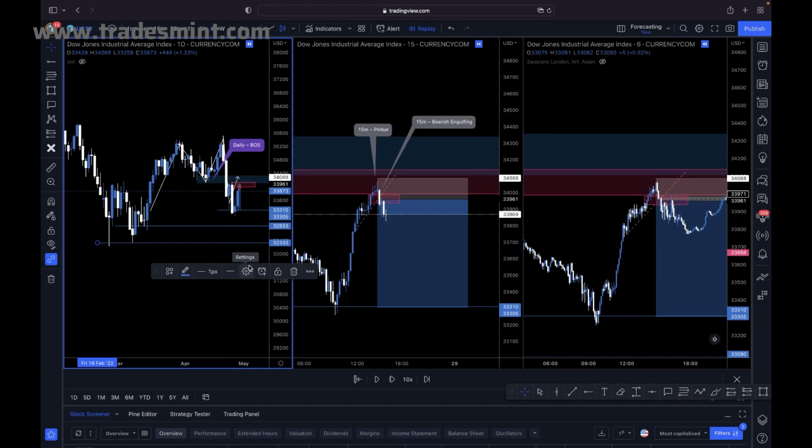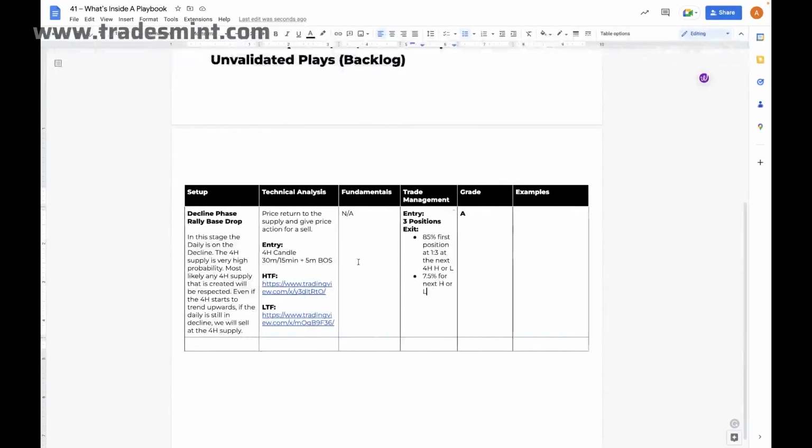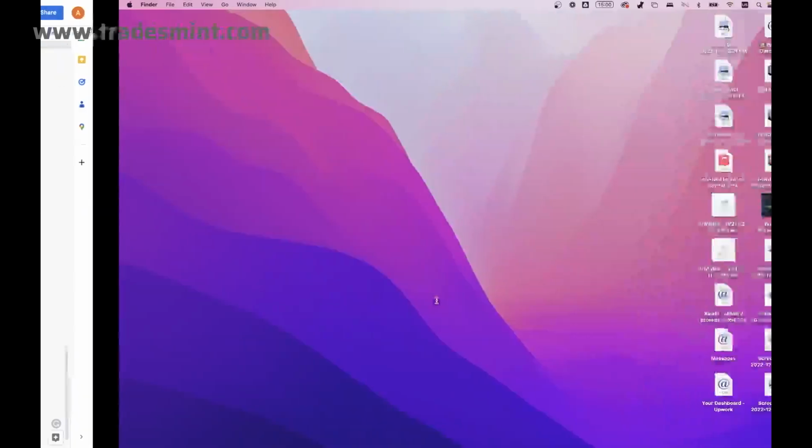So what you can list here, if you are comfortable, is the first position, you take in the majority, 7.5% for the next high or low, and then 7.5% for your next high or low. So after that one, right? So I had 3 of them here.